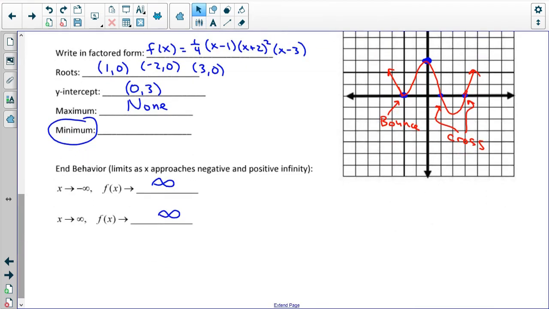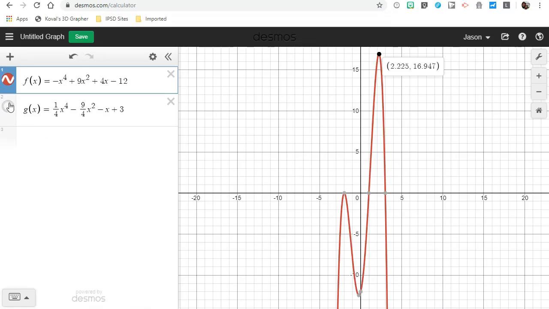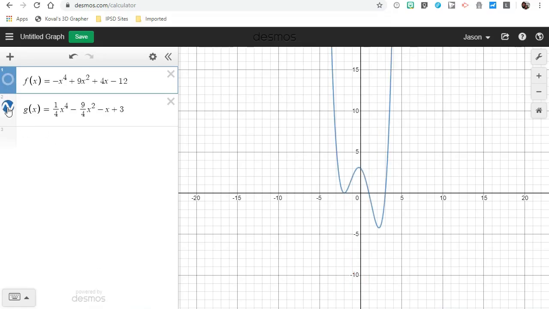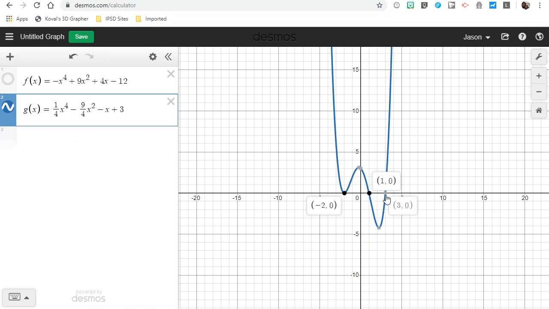Then, quickly, notice if I recognize something that I already know, I don't really need to do all of the synthetic division and everything else anymore. So if I graph this one, I see that it does still have roots at -2, 1, and 3, which is good. And then notice that my minimum is at the same x value that my maximum was.